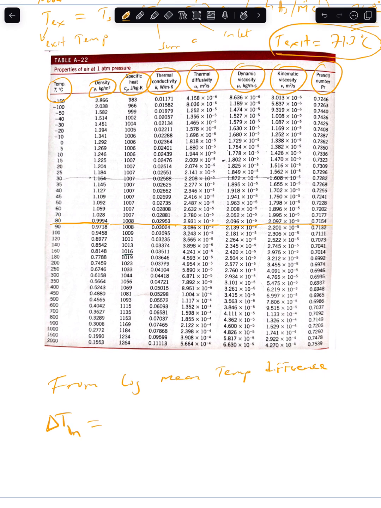This is the change of temperature, the log mean function, which is equal to what?